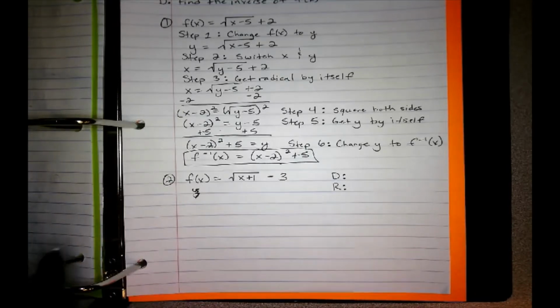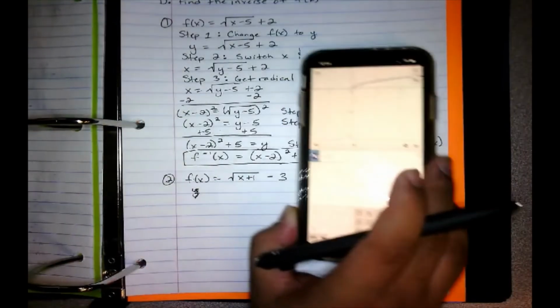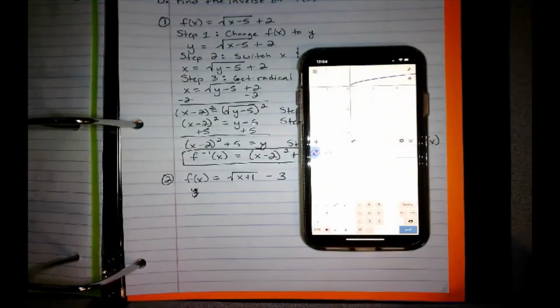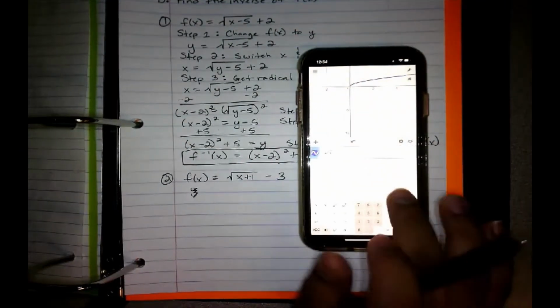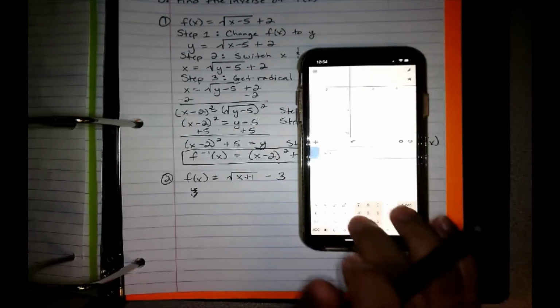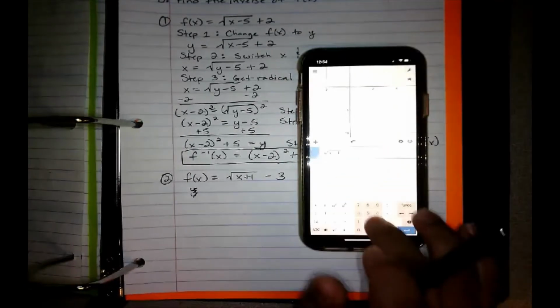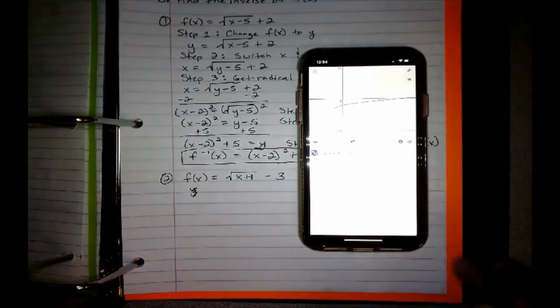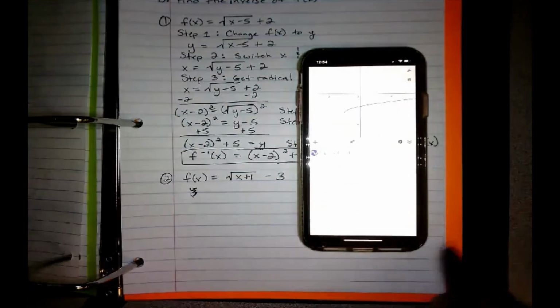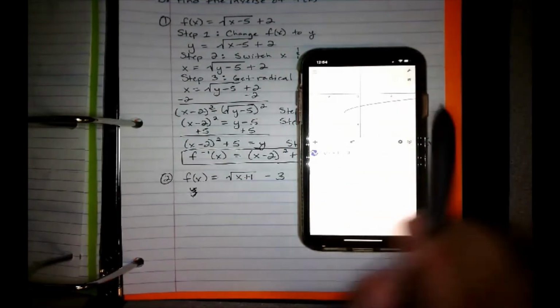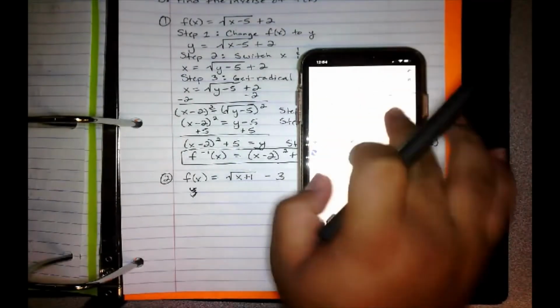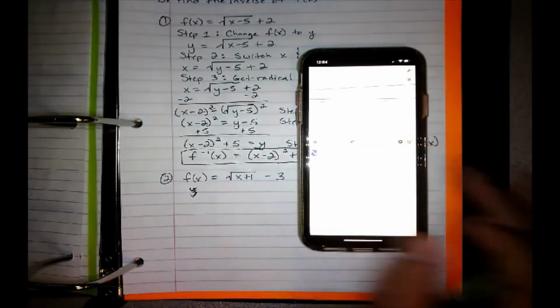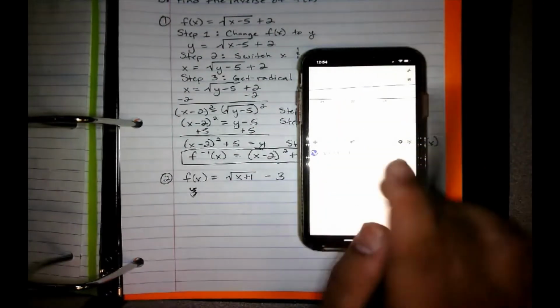I'm looking up here, x plus 1, minus 3. Remember, your domain is from left to right. If you're going right, it's going to keep going. It just keeps going and going. It doesn't stop.